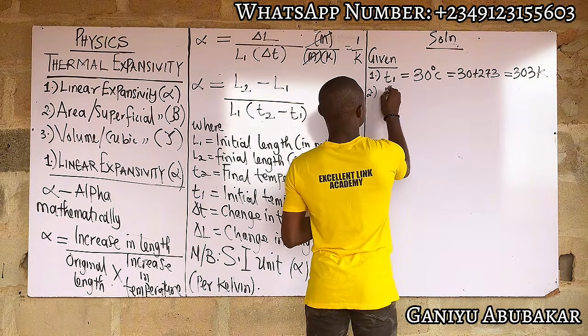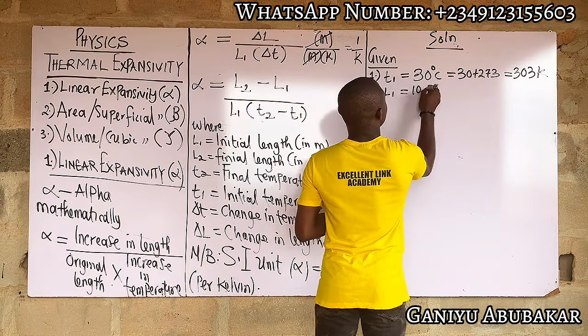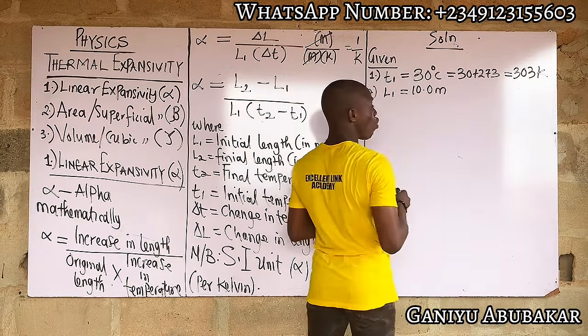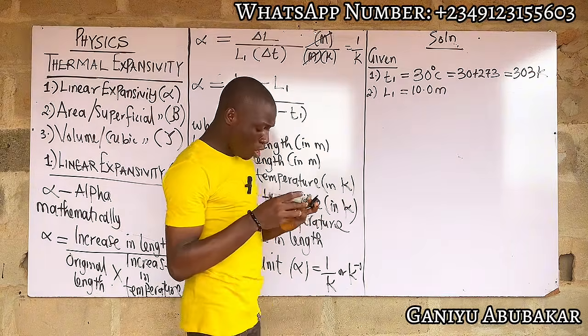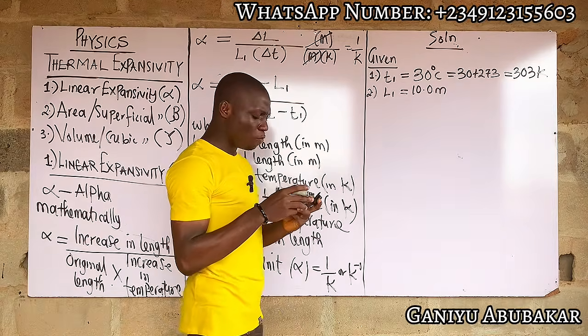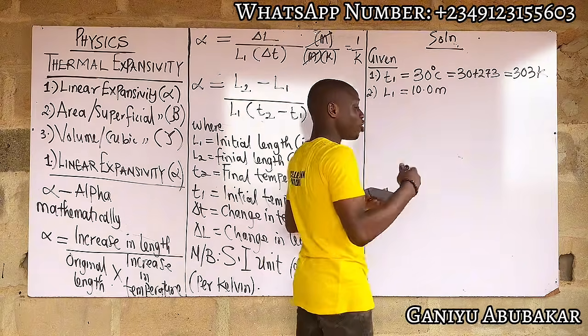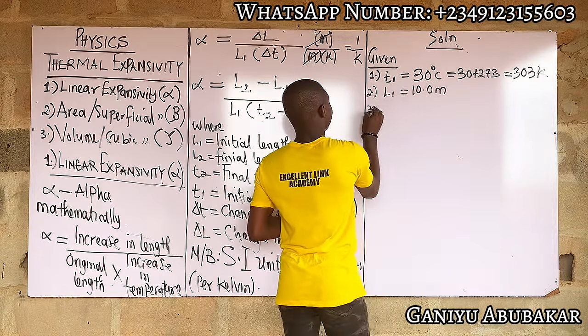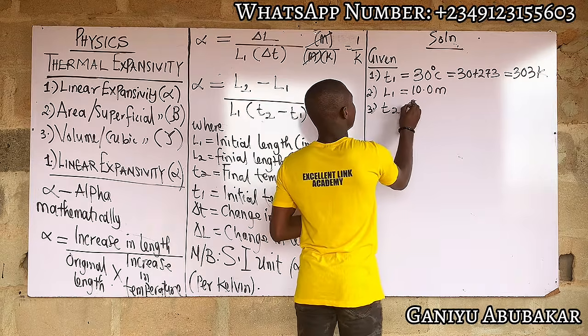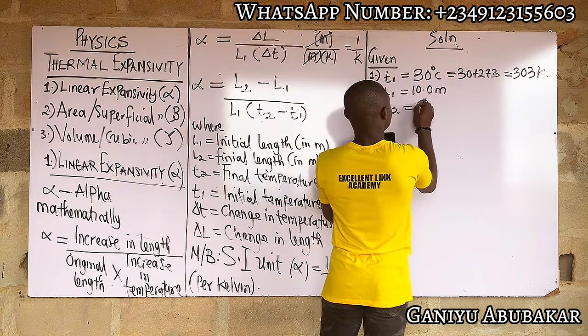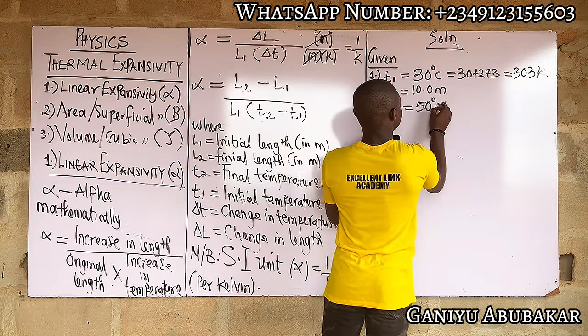I'm given L1, that's 10.0 meters. Of course, I'm not converting. So it's heated to 50 degrees Celsius. That's the second temperature. So number three there, I'm given T2 equal to 50 degrees Celsius.